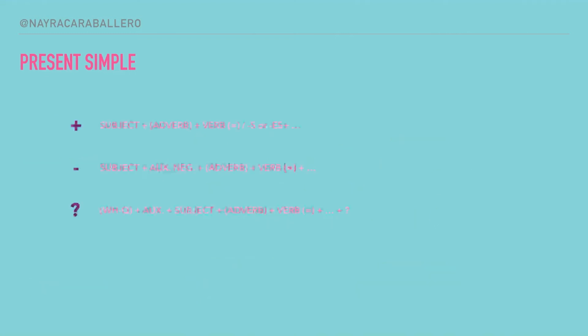Okay, the structure is very easy because you only have to have in mind that depending on the subject, the verb will end with s or es or not. For example, if we have a subject that is a third person singular, the verb will end with s or es. If not, the verb is written or said in the same way you find it in a dictionary.